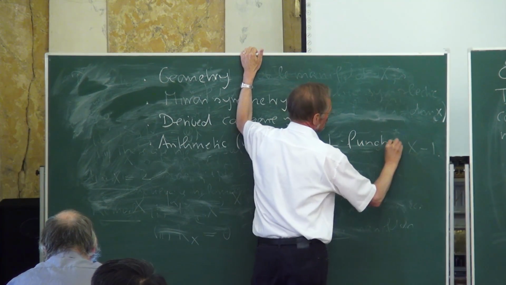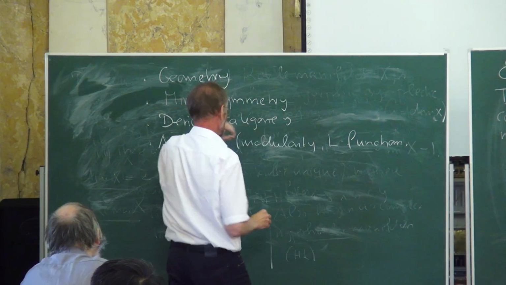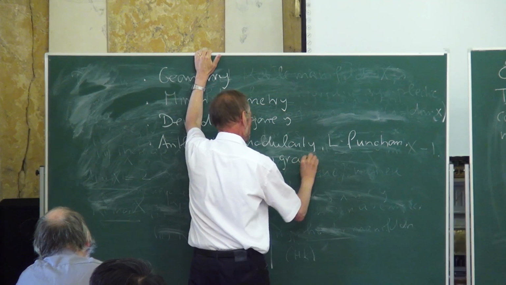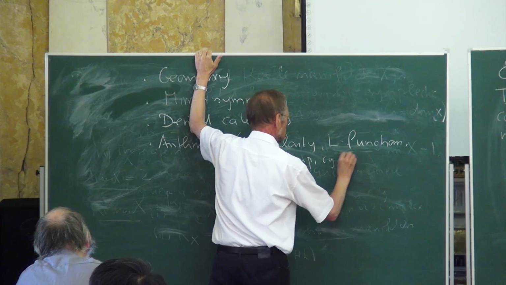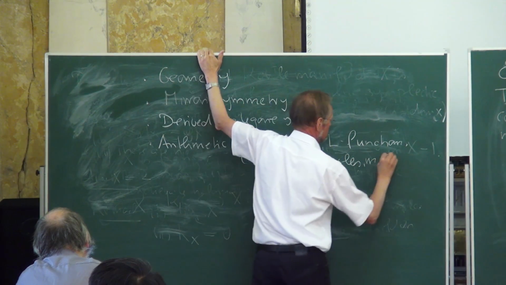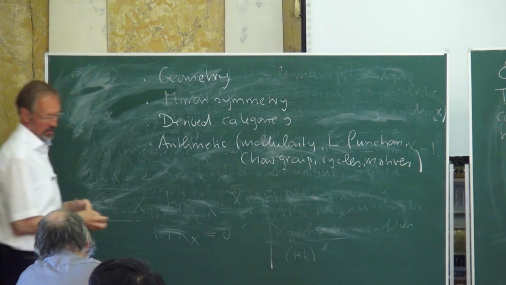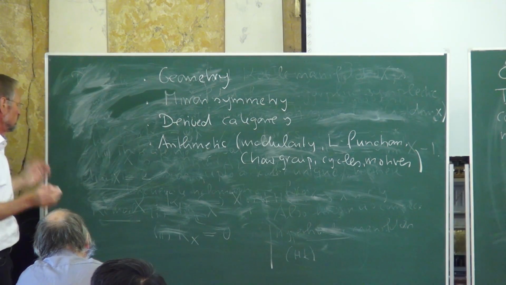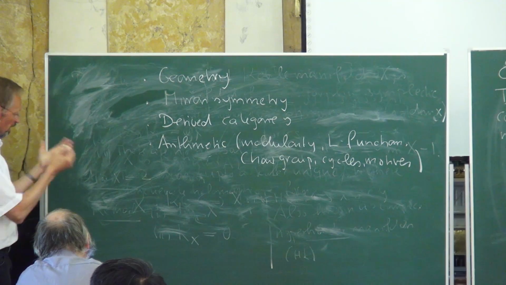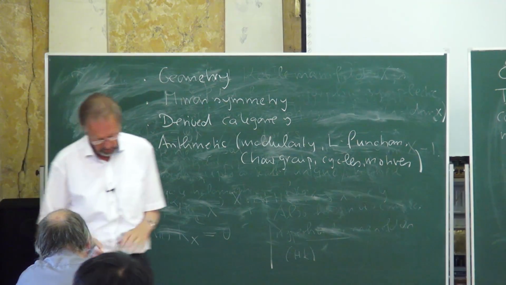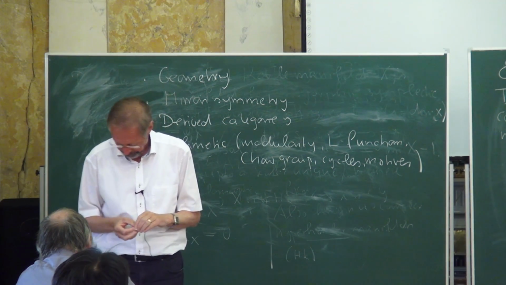But you could also go to other fields, and you could ask nice questions about Chow groups, cycles, motives, etc. There's a lot going on there. And there's recently been, for example, a proof of the Tate conjecture for K3s, about supersingular K3s. So there are various aspects of mathematics where these things play a major role.